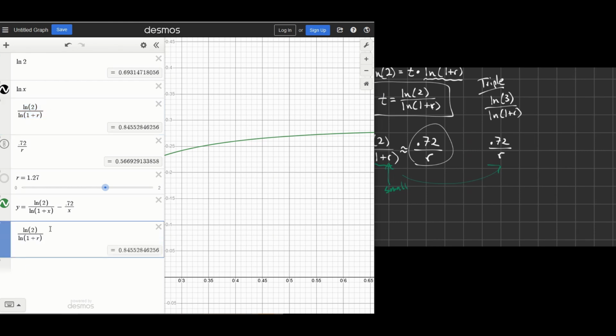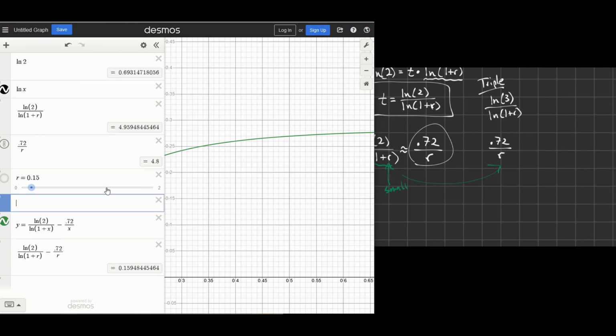Let's do a little calculation here. This rate minus this rate. As you move the R, you can see the difference down here is pretty small. This is the difference between the approximation, and we're looking at this number right here. When the interest rate was 8%, the difference was very minute.